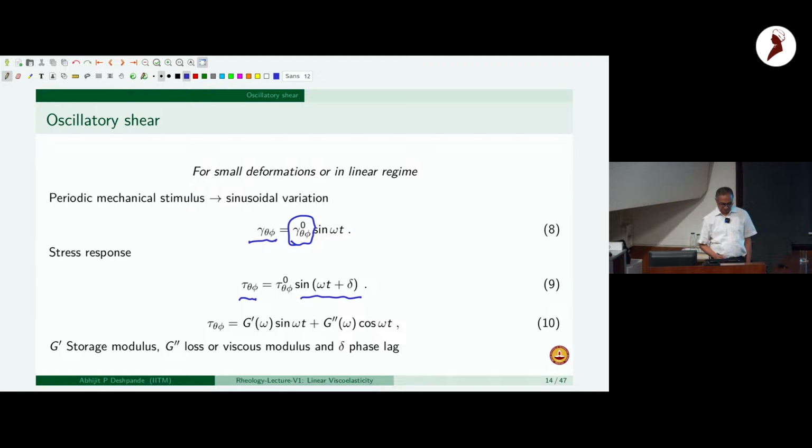Because of the viscous or elastic nature, there is a phase lag between the stress and strain. For a Hookean solid, the stress will be basically G times gamma naught sine omega t. So this and this are in phase.